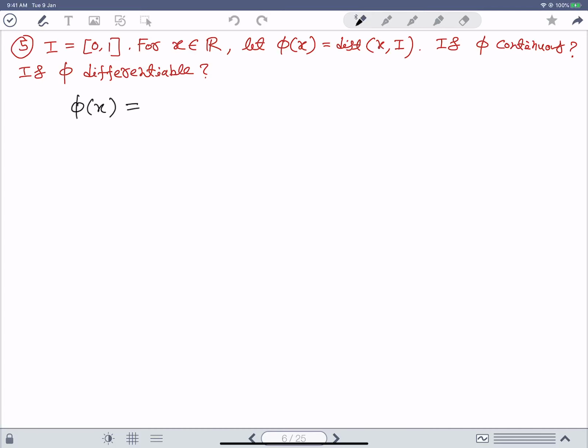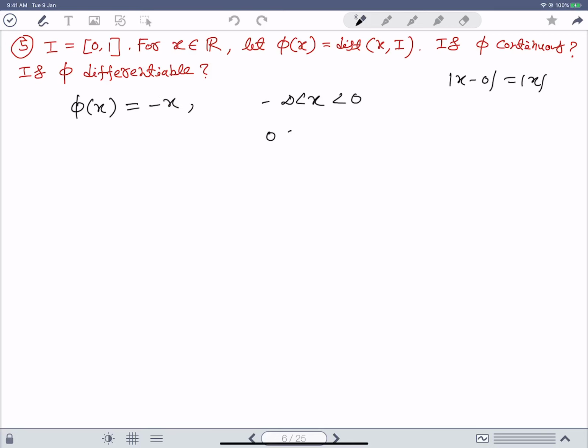Now, phi x will be, when x is from minus infinity to x less than 0, then it will be |x minus 0|, so that is |x|. Now, since it is a negative value, we have minus x, right?